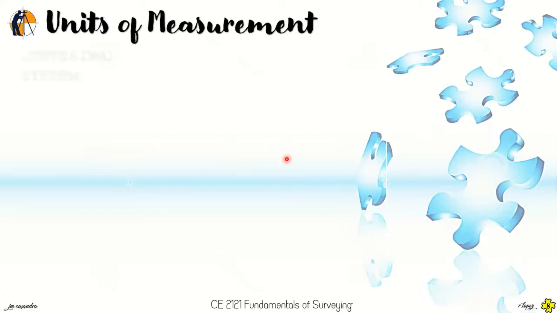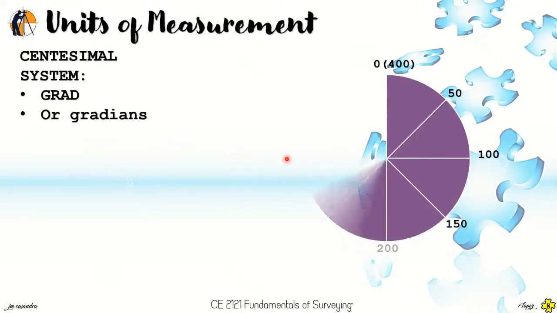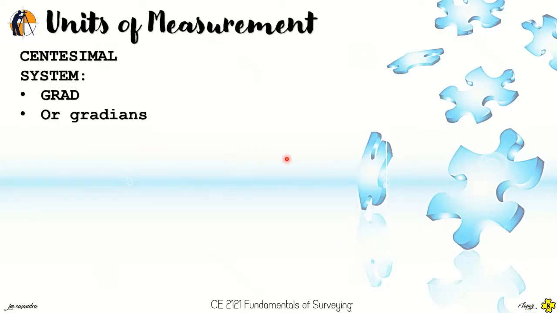Another unit of measurement is from your centesimal system, which is measured in grads or gradients. We define a 90 degree angle as equivalent to 100 gradients.